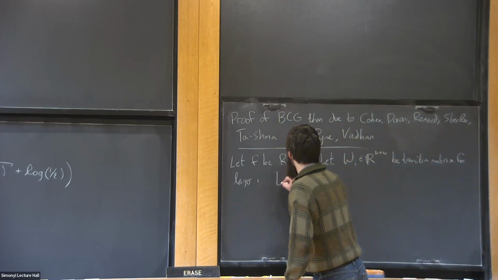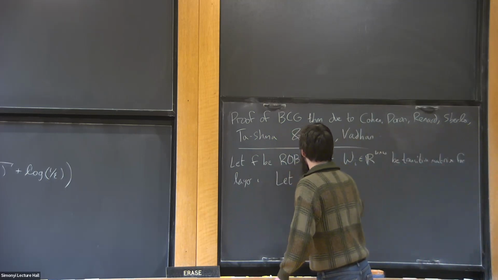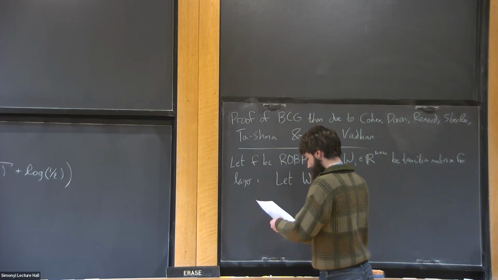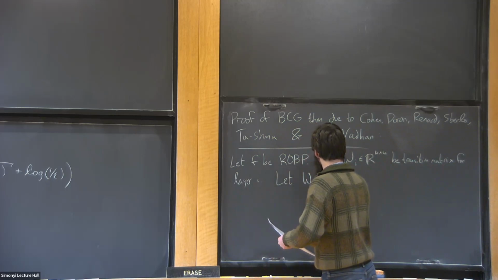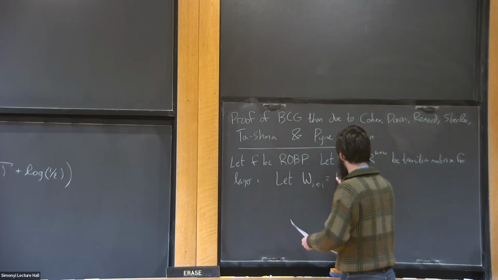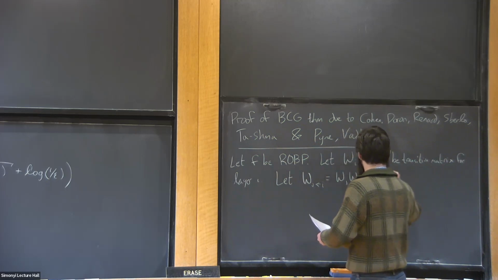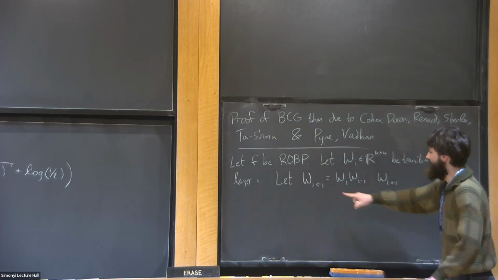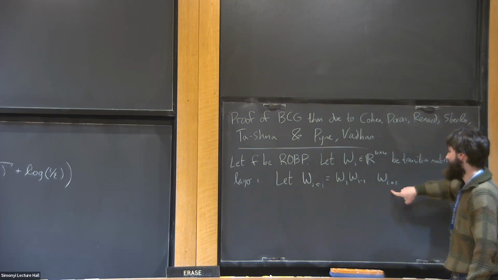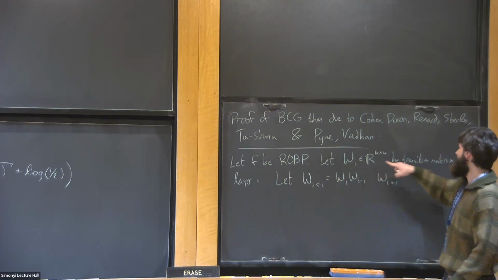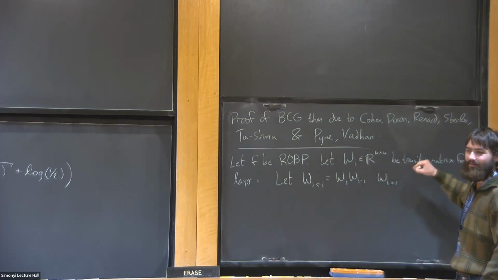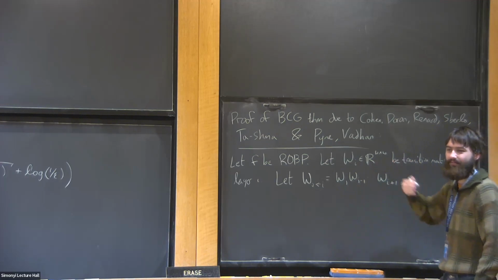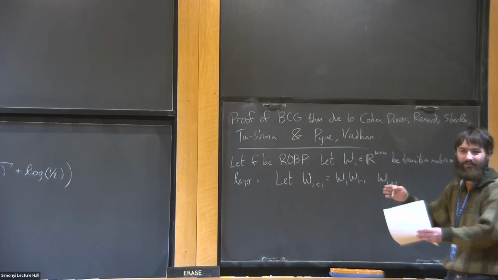Okay. And then let's let W J from I be the product W J minus 1 through W I plus 1. Okay, so we're using this notation because of the multiplication order. I guess I didn't say explicitly, but let's set this up so that we're using column vectors and left multiplication by matrices.